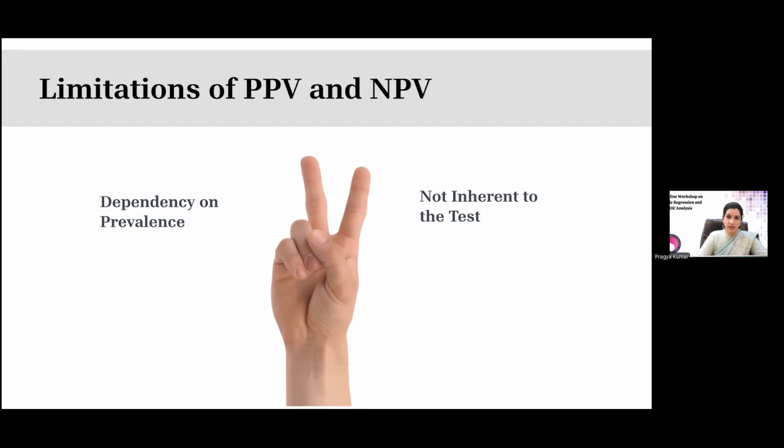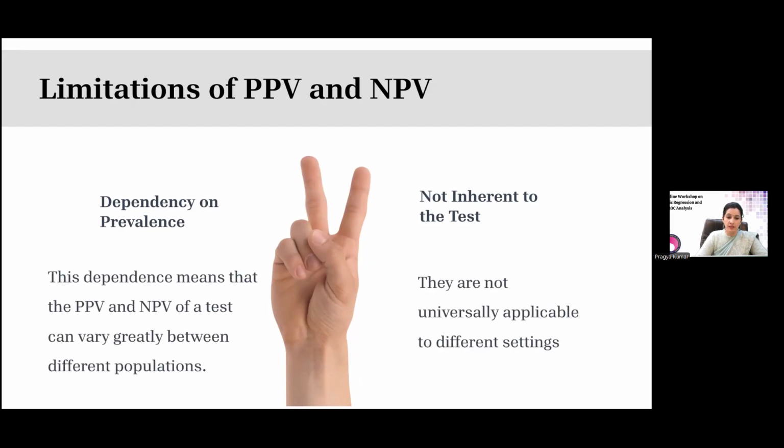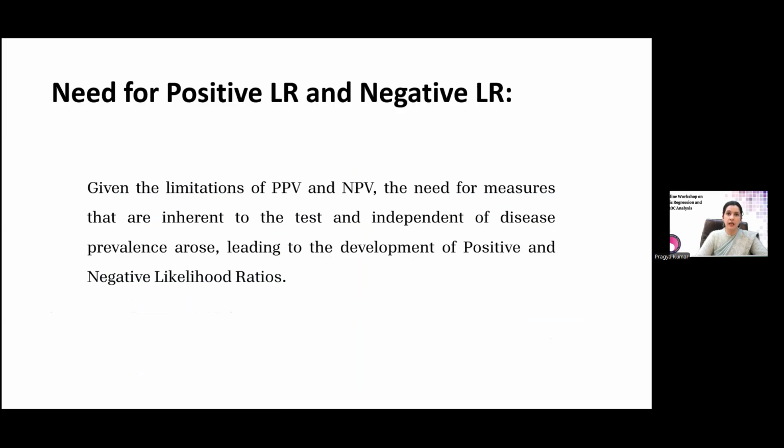Why? Because they are liable to change depending on the prevalence of the disease. That means the positive predictive value and negative predictive value may vary between patients if they belong to different populations. And that's why they are not universally applicable.